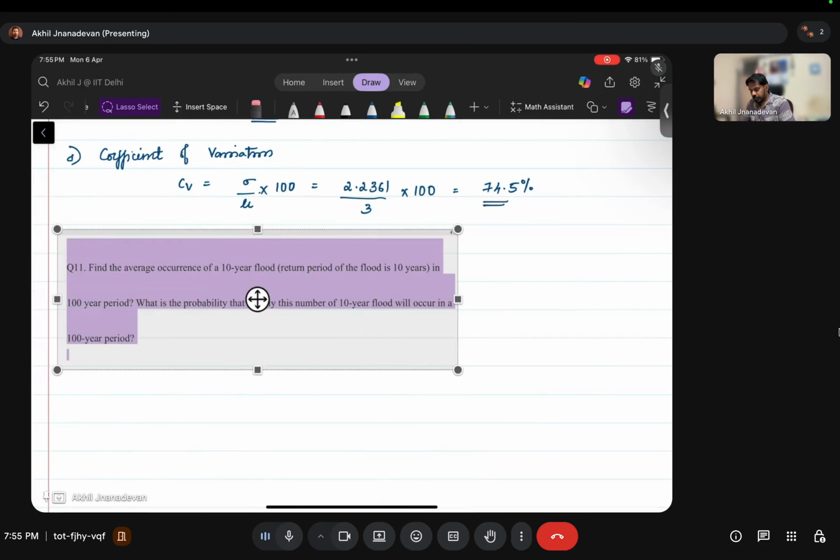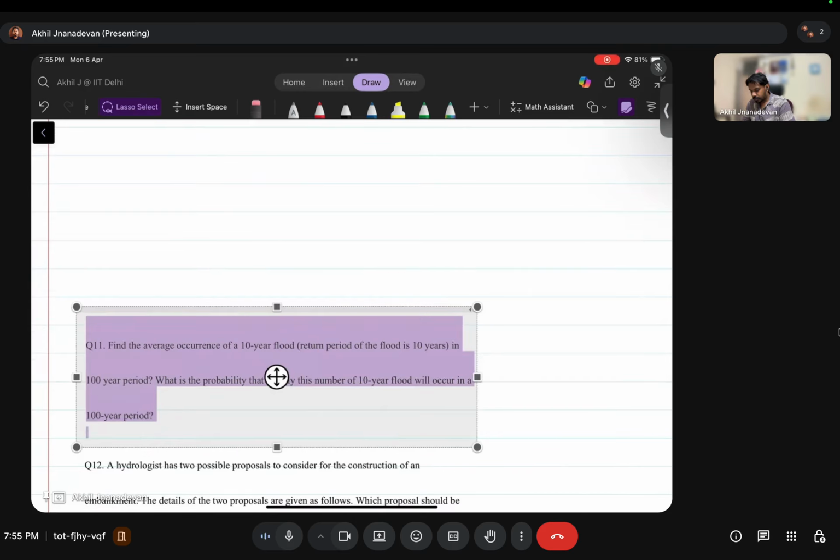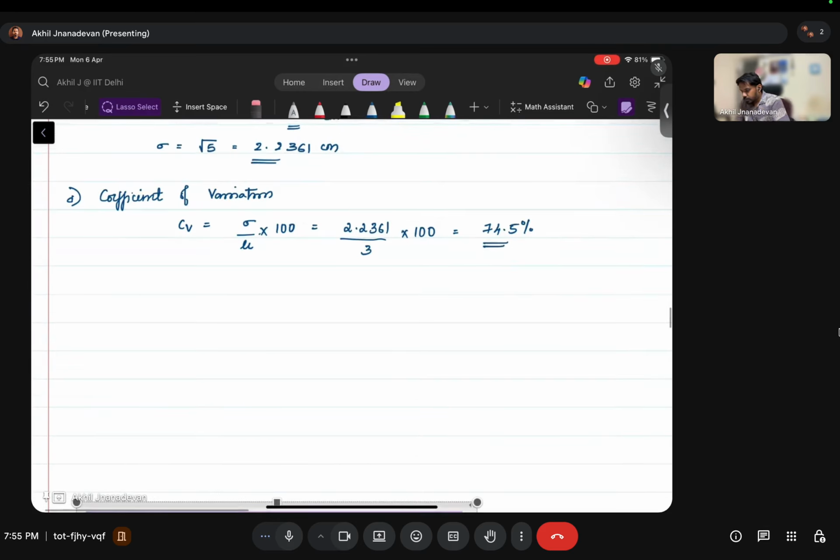And finally, the last part is skewness. Skewness coefficient, gamma.